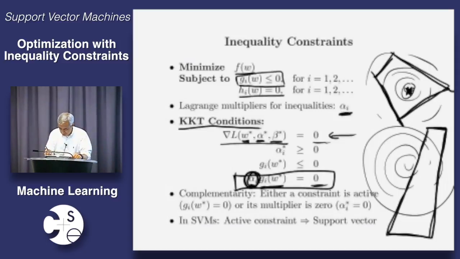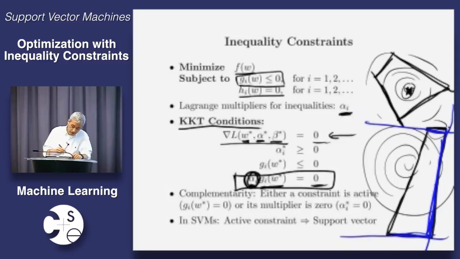So, for example, in this figure, this constraint is not active. Actually, let me do this. In blue are inactive constraints. And remember, each of these constraints is a whole line. These blue lines are not changing where my solution is going to be. So those are inactive, and their alphas, their multipliers, are still going to be 0.